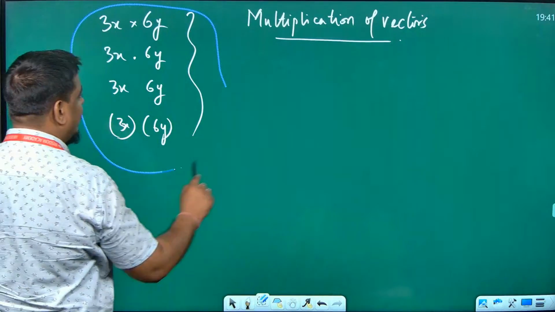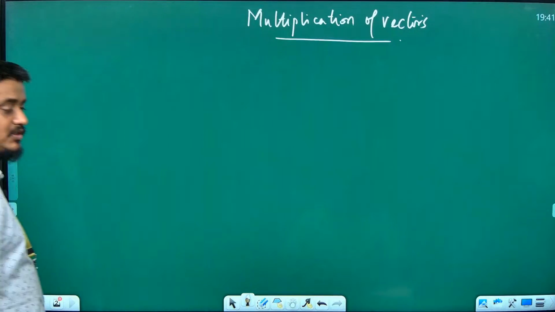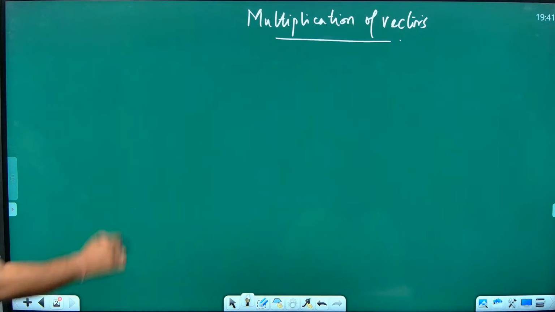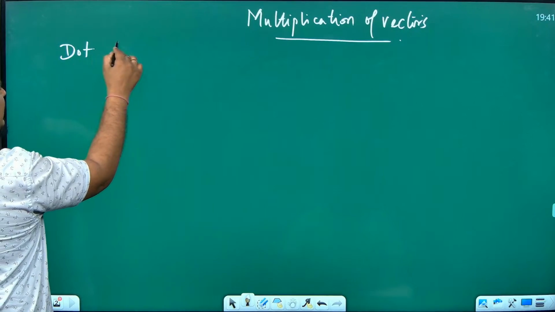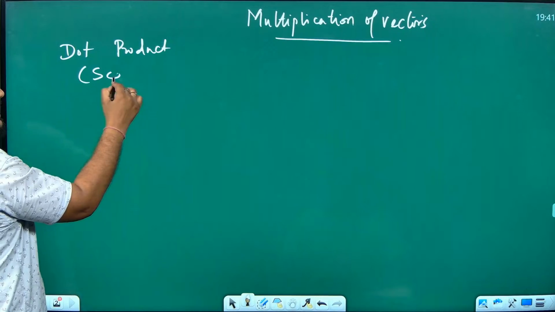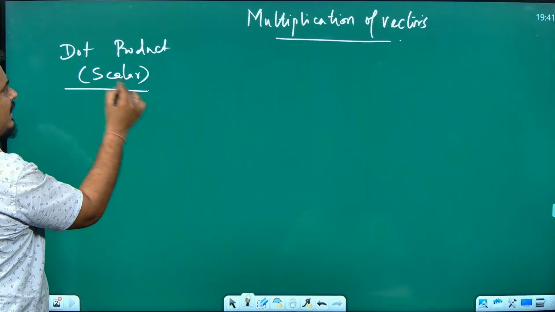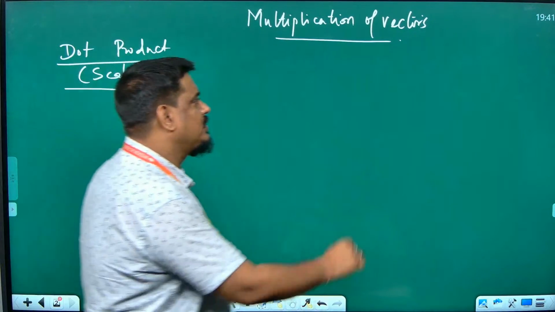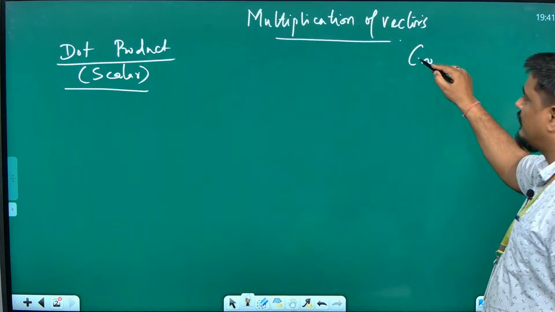One of them is called as dot product, another is called as cross product. So first we will talk about the dot product and then we will talk about the cross product. Dot product is also called as scalar product and cross product is also called as vector product.